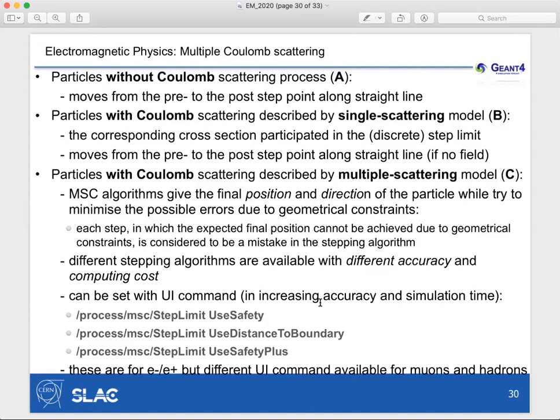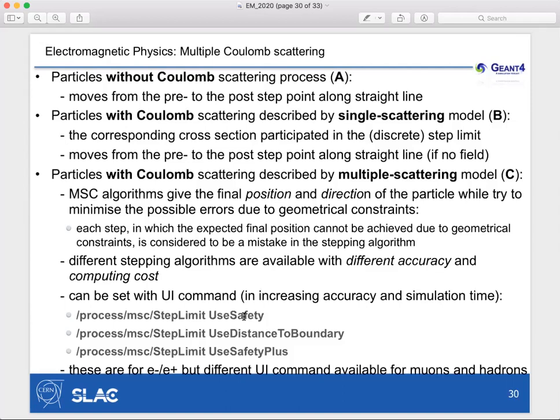Then, usually in case of multiple scattering in Geant4, you have different levels of multiple scattering step limits. I list here the different ones: use safety, use distance to boundary, use safety plus. If you go from the top to the bottom, the first one is less strict, a kind of default step limit.